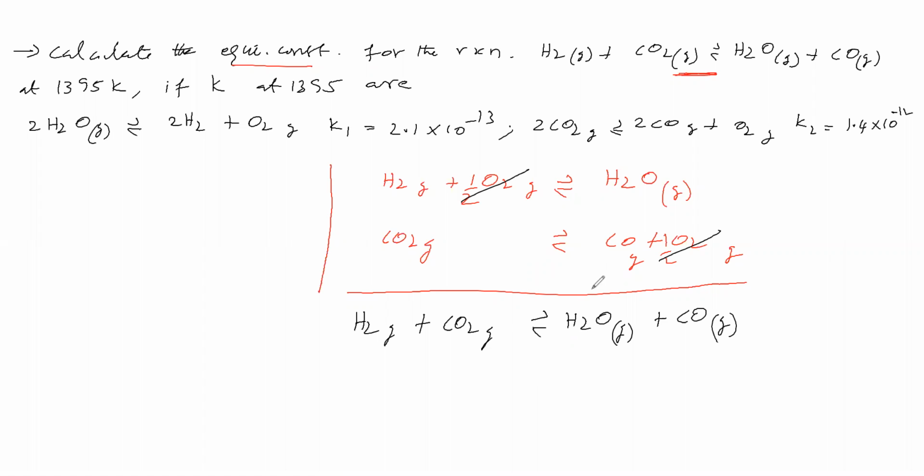Now we want the equilibrium constant for this equation. How to find the equilibrium constant for this equation? For these equations, the equilibrium constant is given. Using these equilibrium constants, we have to get to this equilibrium constant.